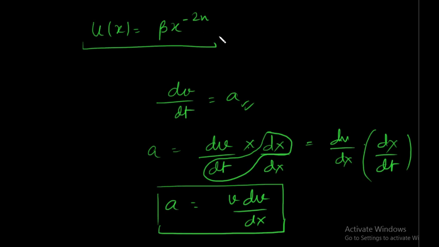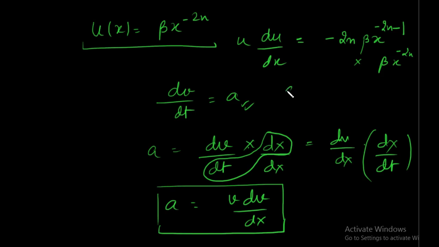So let's try it out. What would be dv by dx? This would be equal to minus 2n beta x to the power minus 2n minus 1. And simply you multiply v here. So we multiply v and we multiply beta x to the power minus 2n.